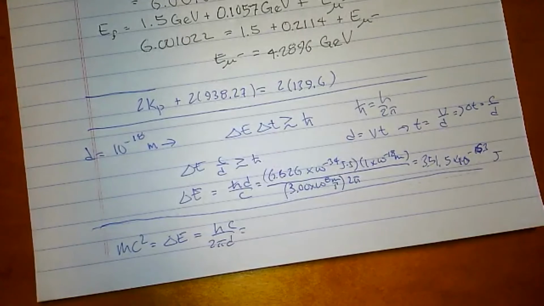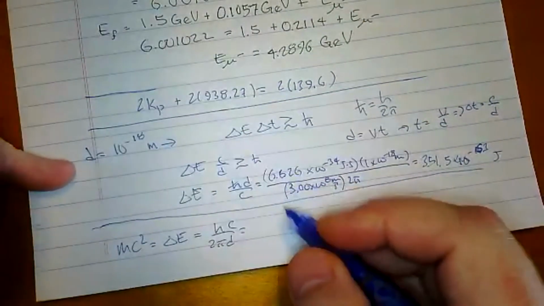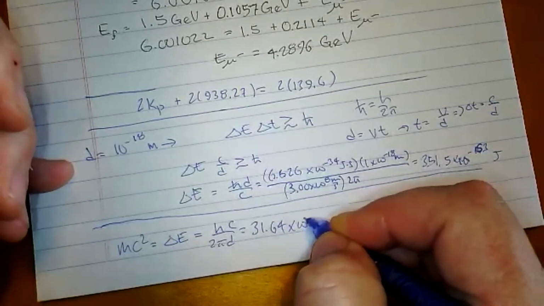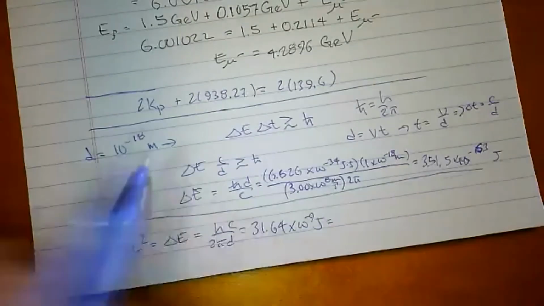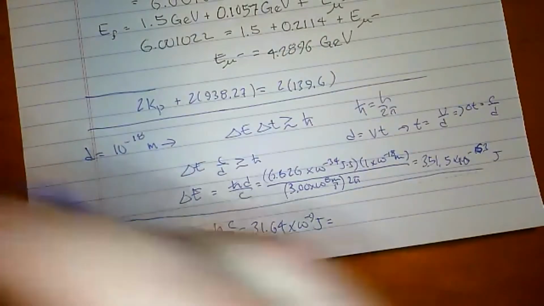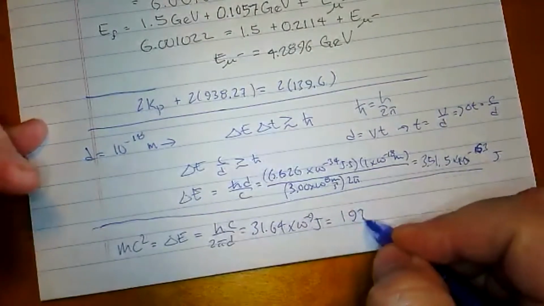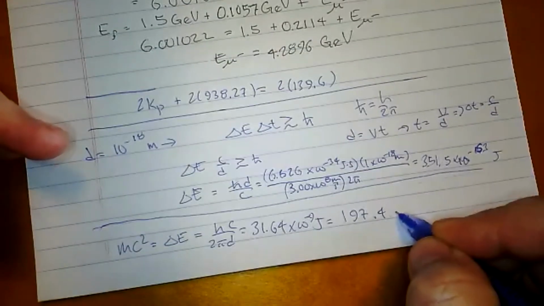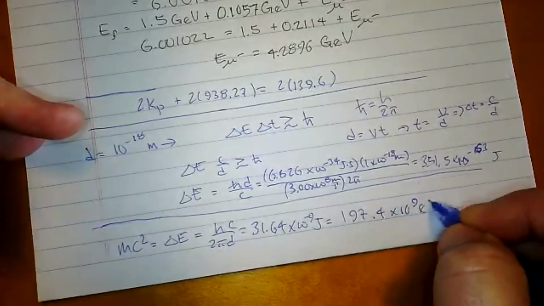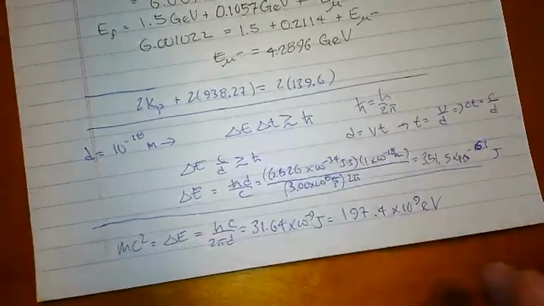If I would have looked at the units, I would have known that didn't work out. I got 31.64 times 10 to the negative 9th joules. And if I divide that by 1.602e-19 joules per electron volt, I get 197.4 times 10 to the 9th eV, which does look like 200 GeV.